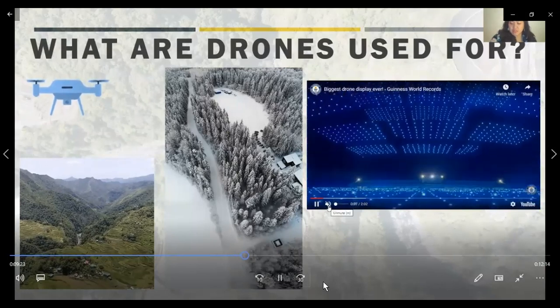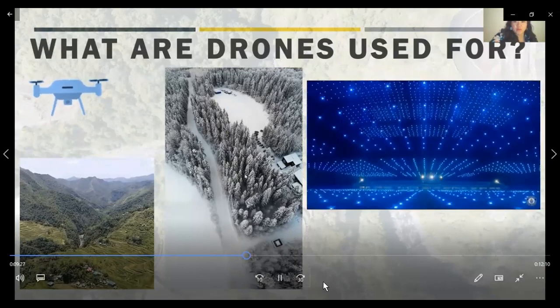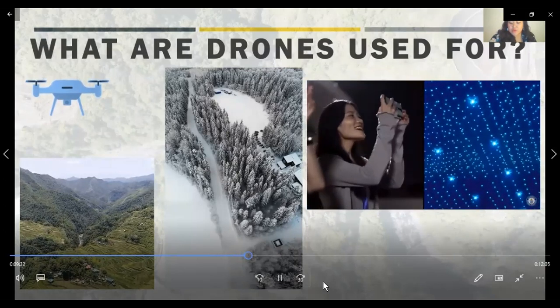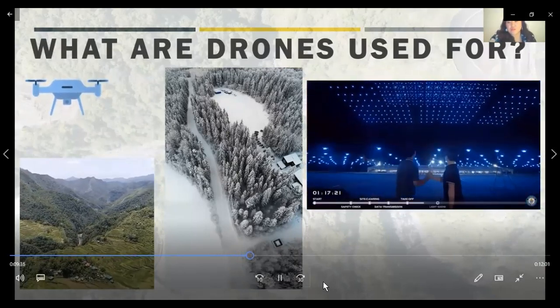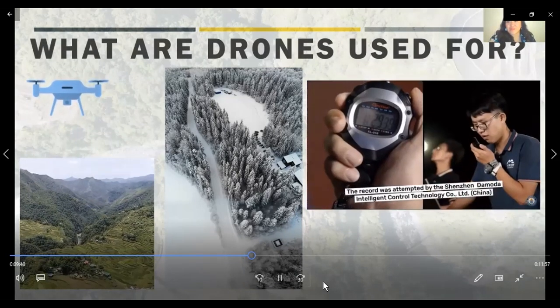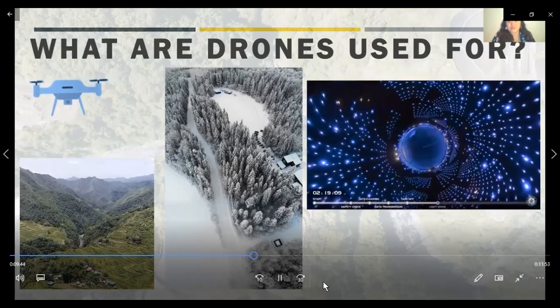You can also programmatically use drones for light shows. And like I mentioned before, drones can be used for racing, which is a recreational thing to do when you're interested in building your own drones and using them for racing.